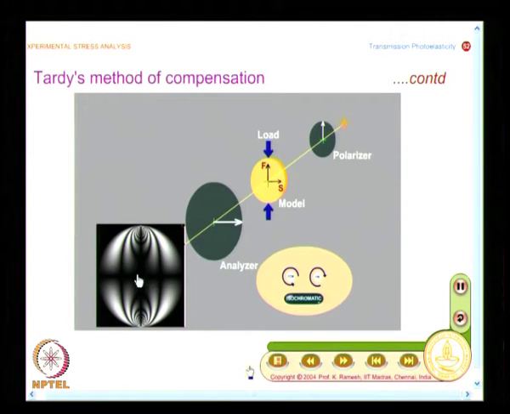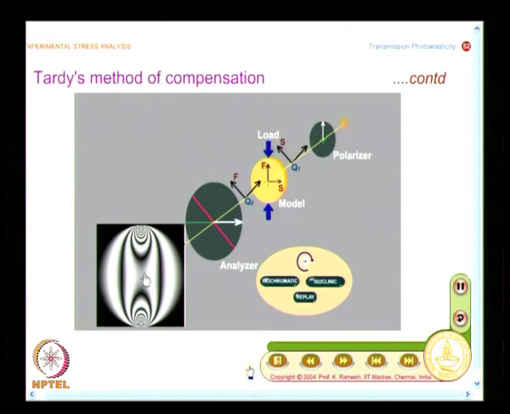You also verify experimentally, wherein I put polarizer and analyzer, and I ensure that I have a 0 degree isoclinic passing through the point of interest. Then we have also seen that at the point of interest in the dark field no fringe actually passes through, and we get the information that it is between 1 and 2, and I rotate the analyzer.